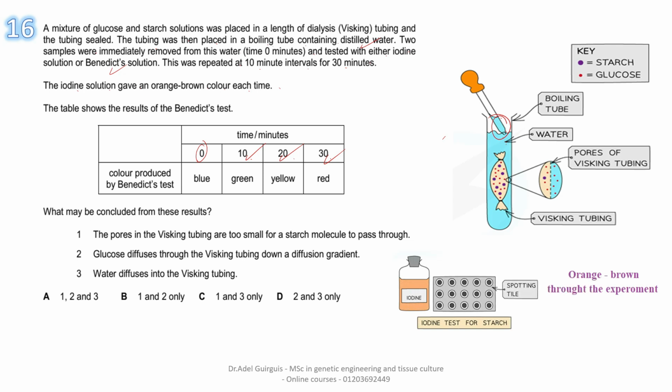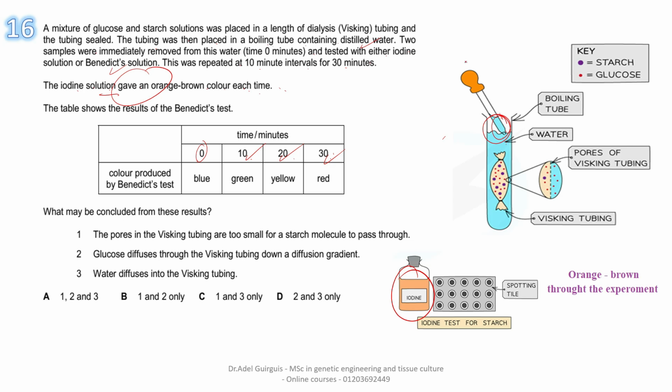The first, the iodine test for starch presence. On a spotting tile, we put drops of iodine and add drops of this solution at different time intervals: 0, 10, 20, 30. Here it gave an orange-brown color each time. This is the original color of iodine, so it is negative, no starch exits from the dialysis tube.